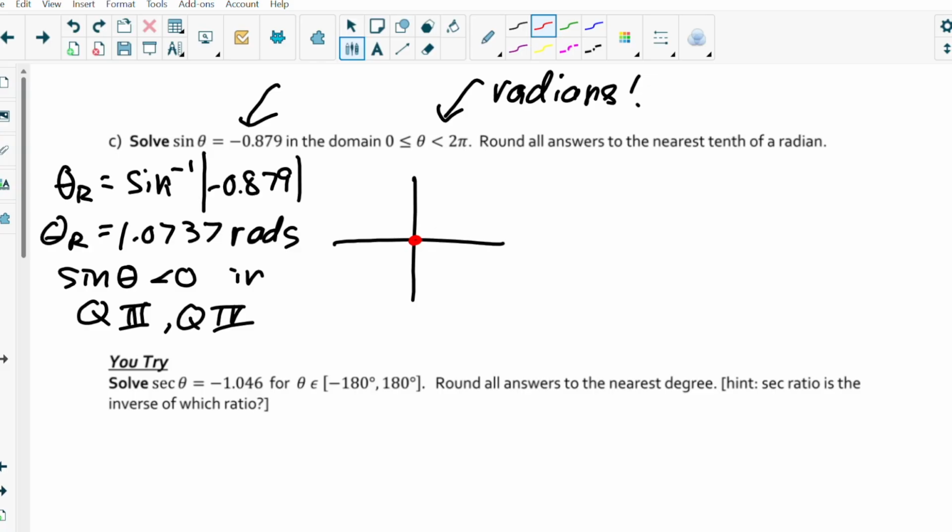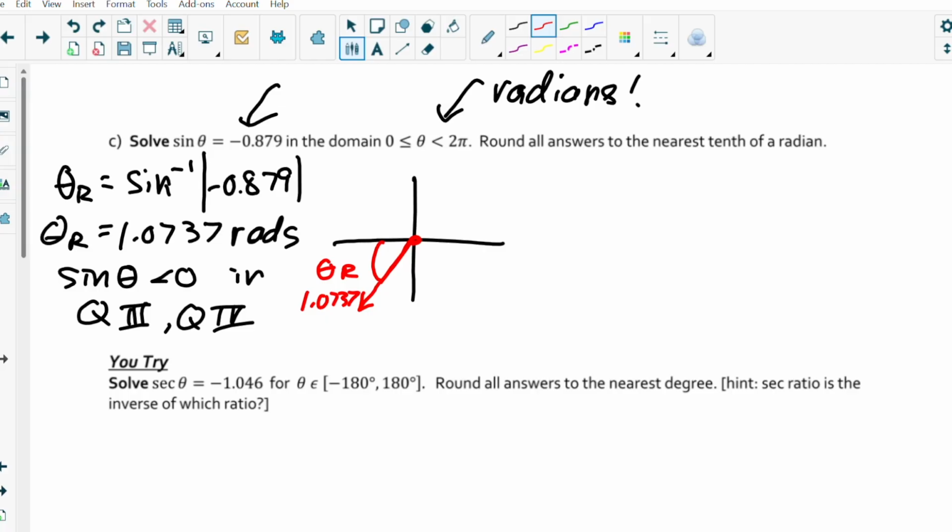In quadrant 3, 1.0737 radians looks like this, somewhere about there, that's theta r, 1.0737 radians.